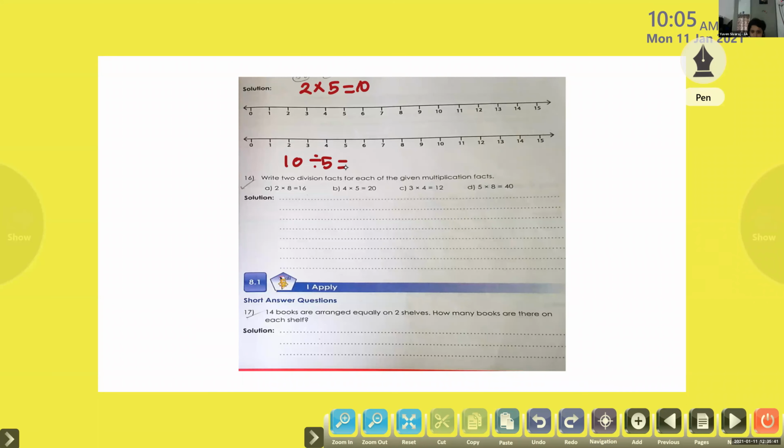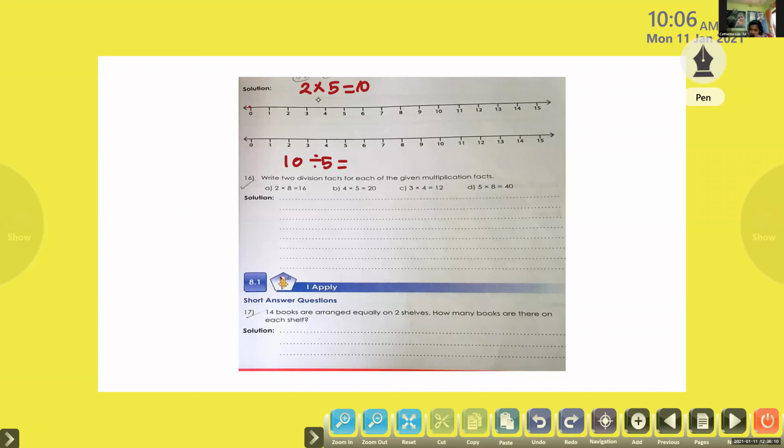So 2 into 5 is equal to 10 means you have to do skip counting by 2? No, 2 into 5 means 2 times 5. That means you have to do skip counting by 5, 2 times. So we can start from 0. From 0, 0 plus 5.